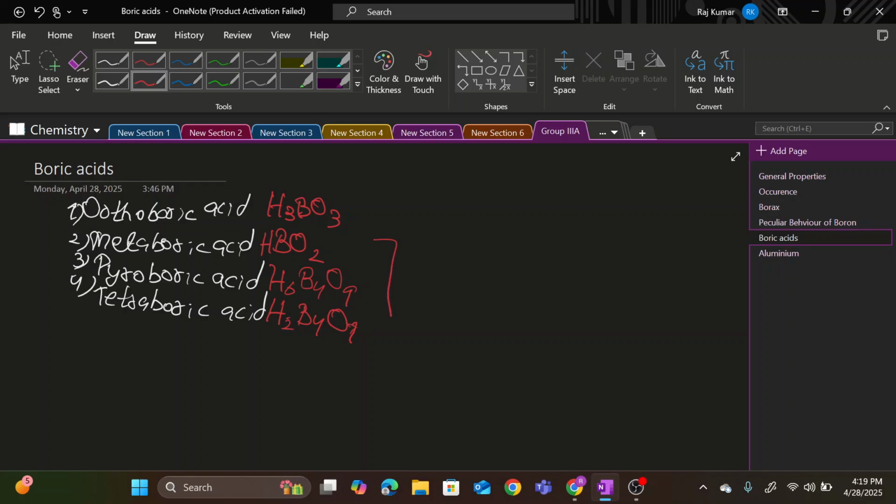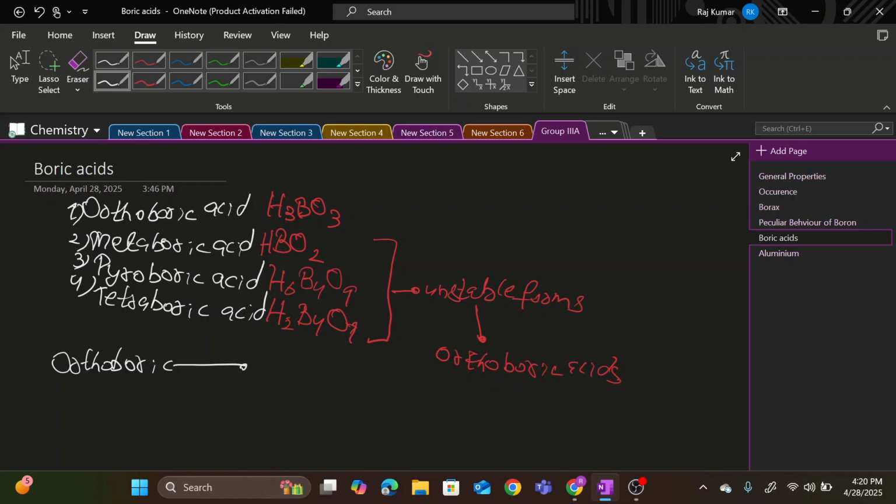Now, out of these, the others are unstable forms which convert into orthoboric acid. An interesting fact is that orthoboric acid is the most stable form.